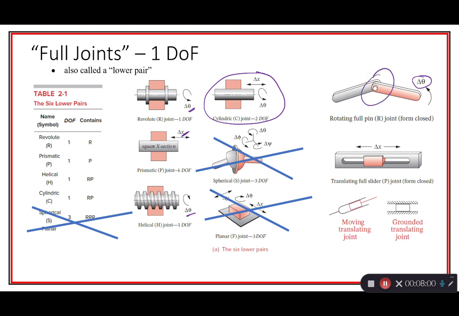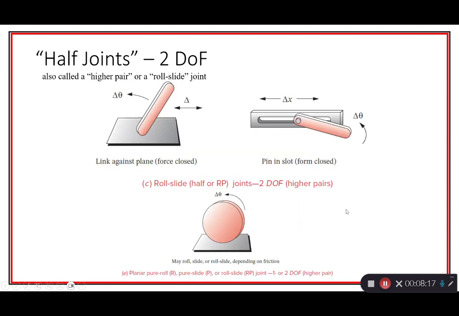Don't worry about the total linkage. And the same thing with this sliding joint right here. So these are all 1 degree of freedom, these moving, translating half joints.